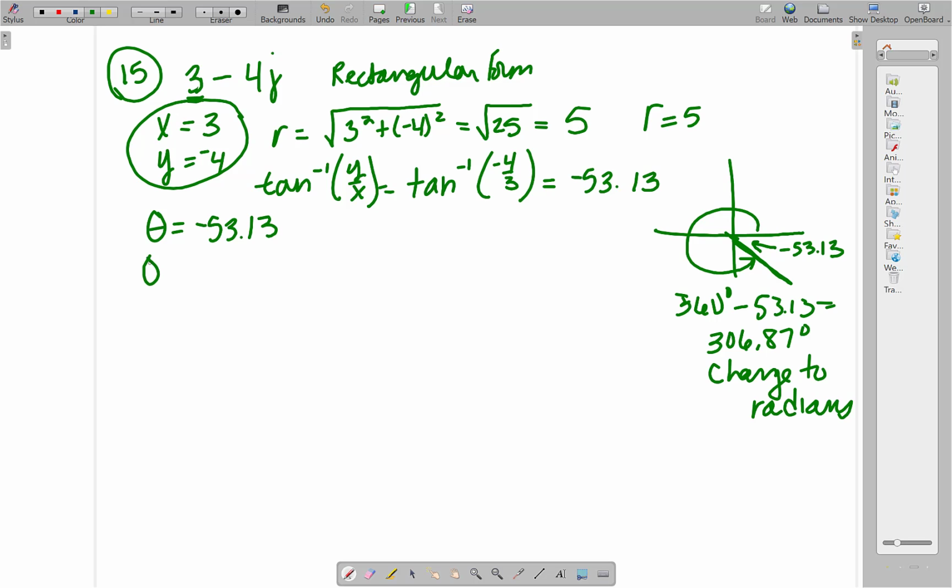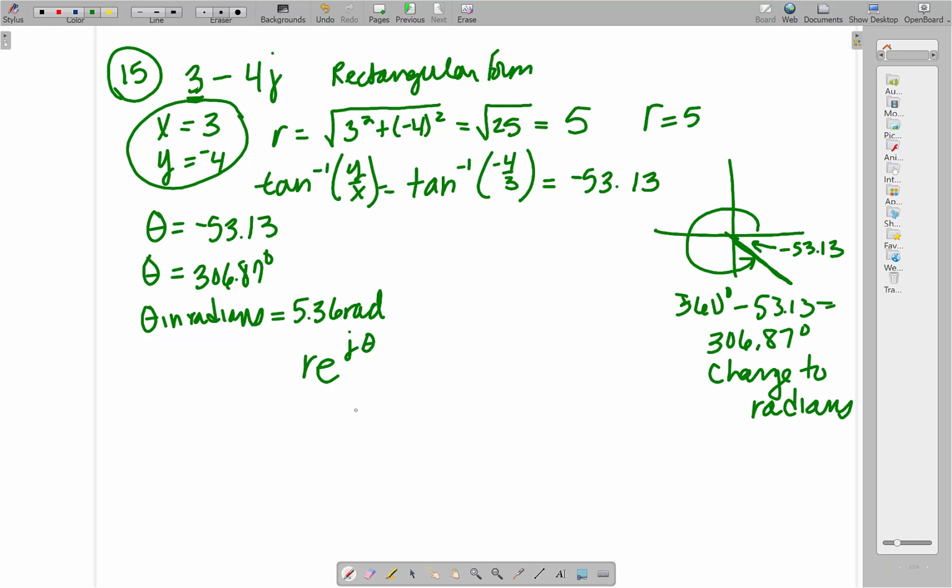So we first had to express it as a positive angle, which is 306.87 degrees. Now change that to radians, and theta in radians is equal to 5.36 radians. So now our exponential form is r e to the j times theta.